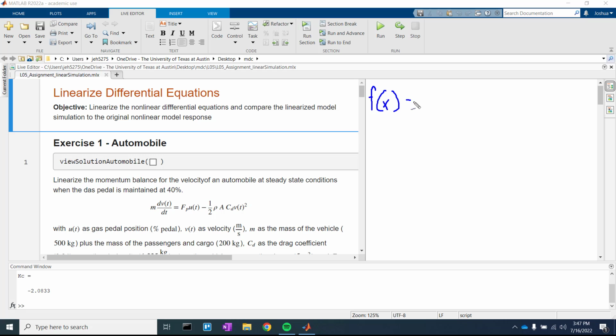But we have some function of x, and we say that that's roughly equal to f of x evaluated at x naught, plus f prime of x, evaluated at x naught, times delta x.